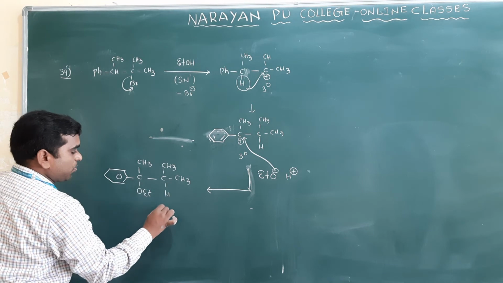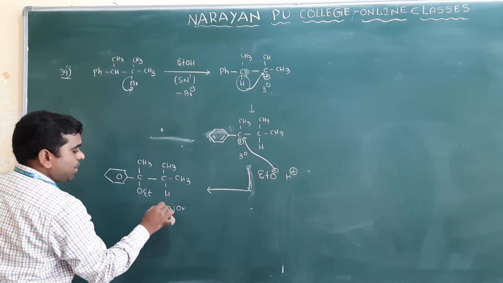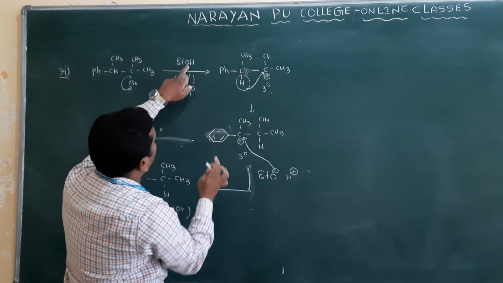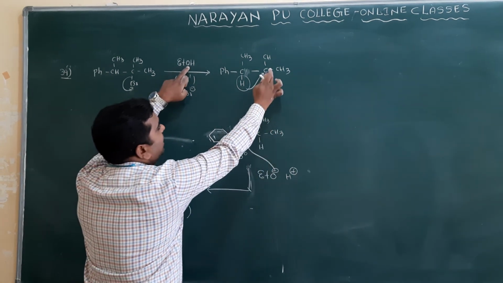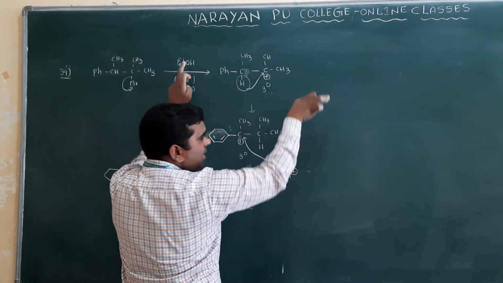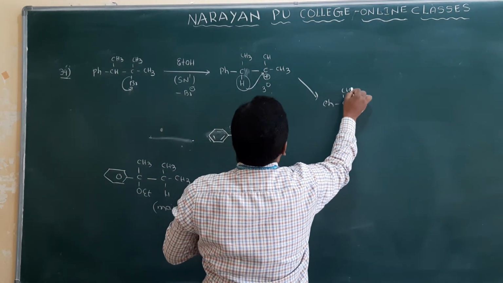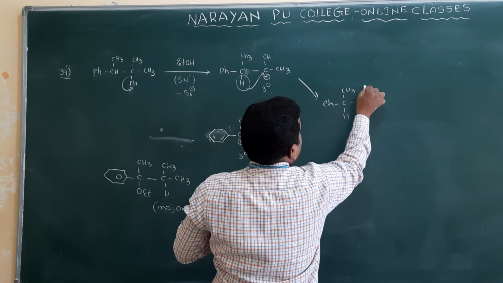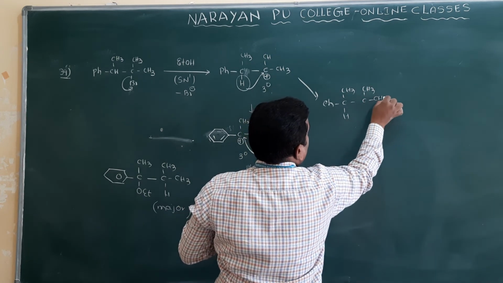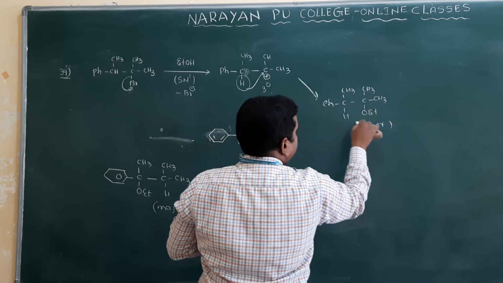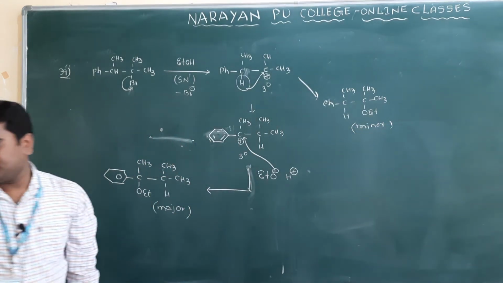This is the major product. Suppose the ethoxide OEt attacks here on this carbocation, that is the minor product. This is the minor product: Ph and CH3, H and C, CH3, CH3 and OEt. And this is the major product.